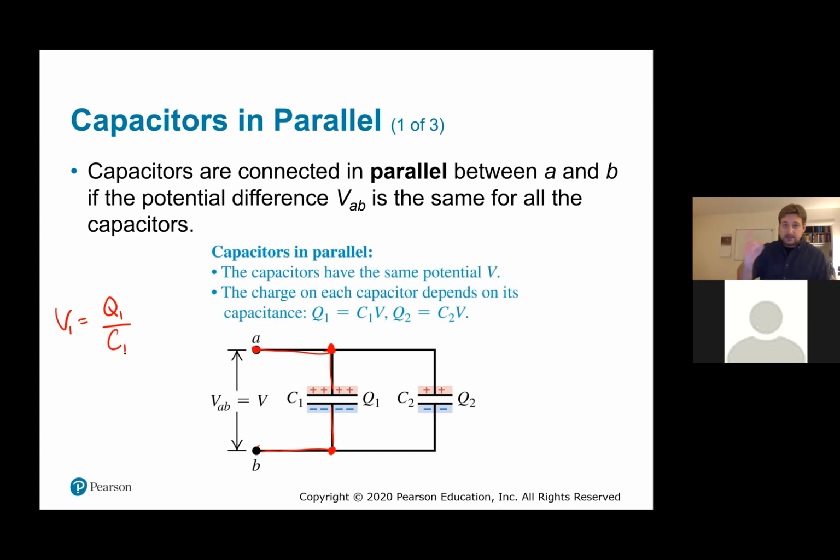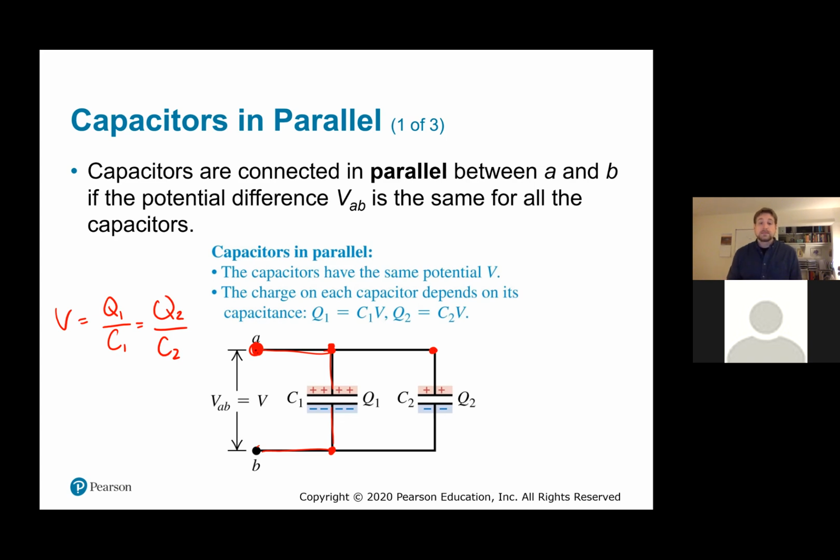But V1 is the same as V, which means it's also equal to Q2 over C2. Because again, this is point A just as much as this point is, just as much as this point is.